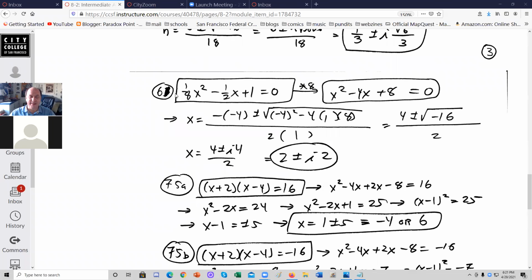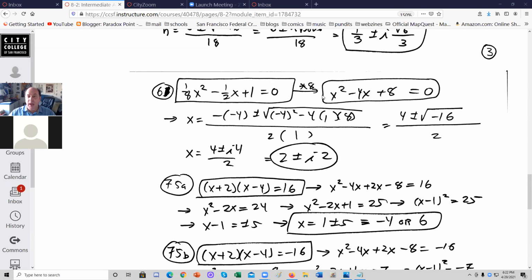Okay, 61. 1/8 x squared minus a half x plus 1 equals 0. These fractions are annoying. So I'll multiply throughout by the lowest common denominator, which will be an 8. And when you do that, you get x squared minus 4x plus 8 equals 0.